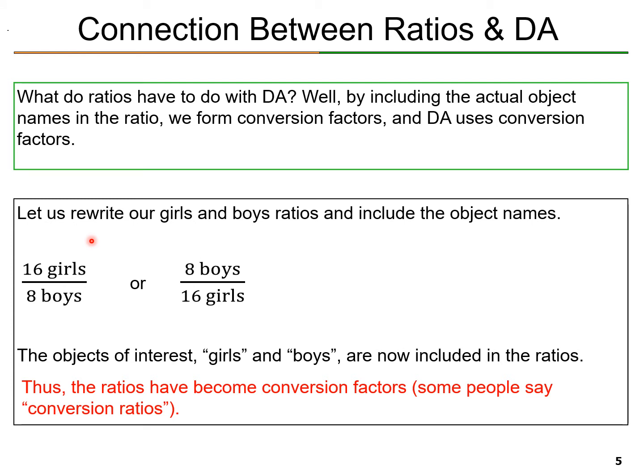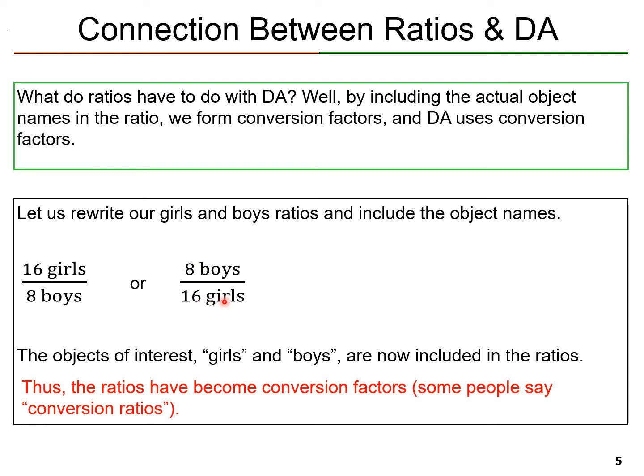Or we can form another conversion factor with the same two pieces of information. You were probably given 16 girls and 8 boys. So in this conversion factor, we put the 8 boys in the numerator and the 16 girls in the denominator.